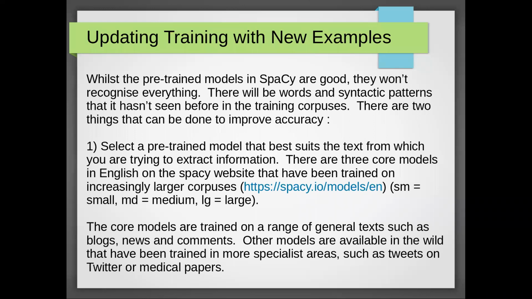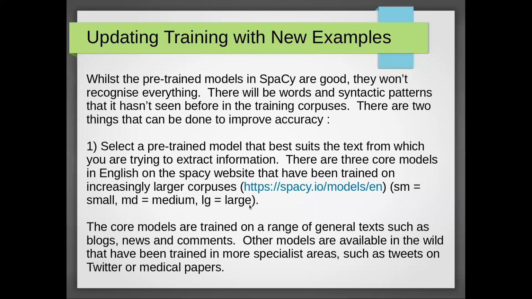The first is you can choose a different model. So remember, at the moment, we're just using the en_core_web_sm model, which has been trained on large web-based corpuses of text. There's the medium one and the large model, so you could try those as well. But those core models are trained on general text, so stuff like blogs, news, comments.